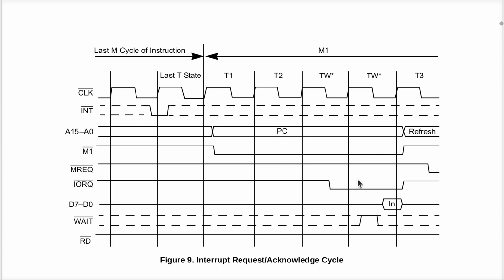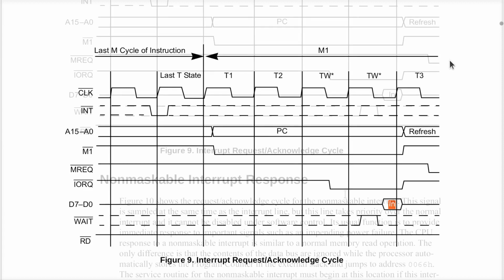During that period of time, in a special case, any peripheral that understands how the Z80 bus control works can send data on the data bus here. That'll be read in by the CPU, and this data can be used to figure out what device generated that interrupt signal. After this point in time, the Z80 resumes the execution of what it normally does.